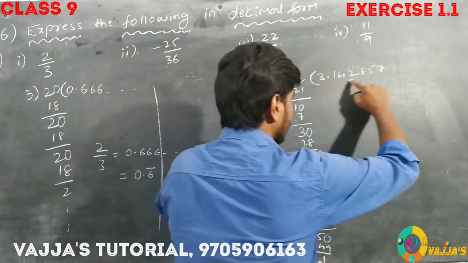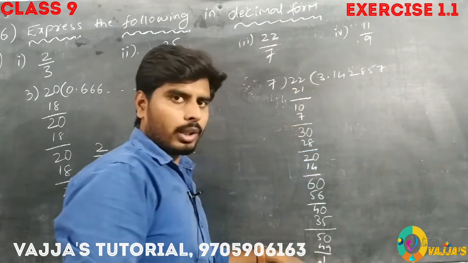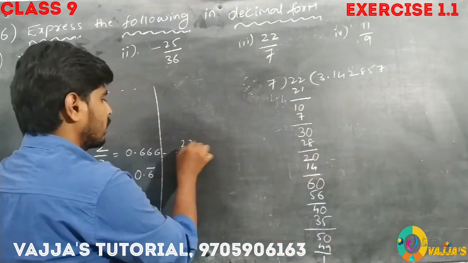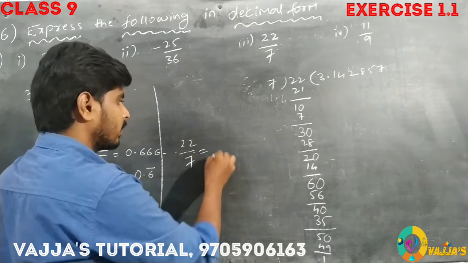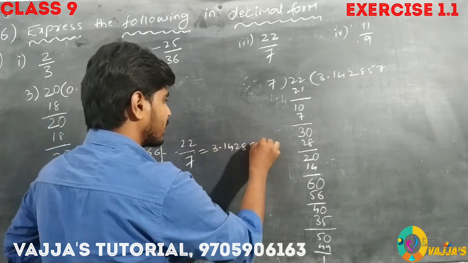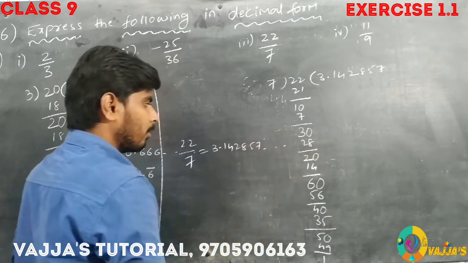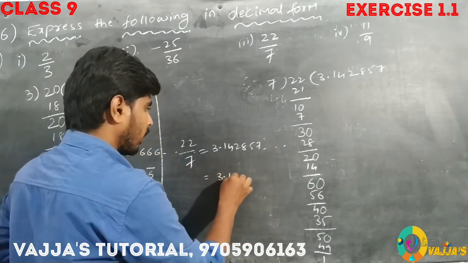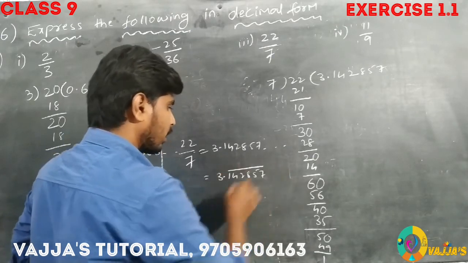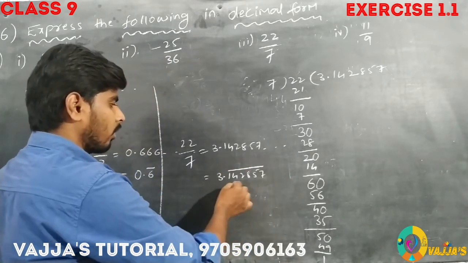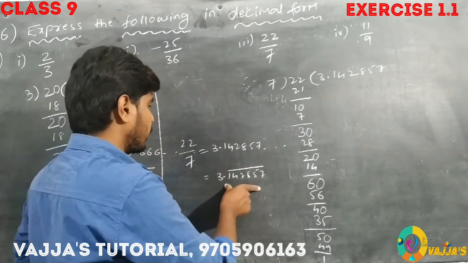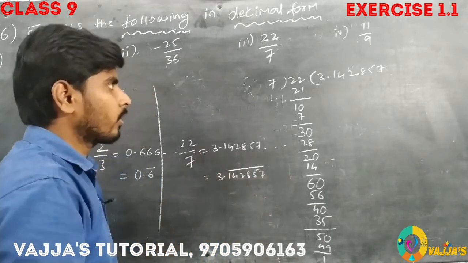So 22 by 7 we can write as 3.142857 and so on. It means 3.142857 repeated, with a bar on the top of 142857. This is the decimal form of 22 by 7.